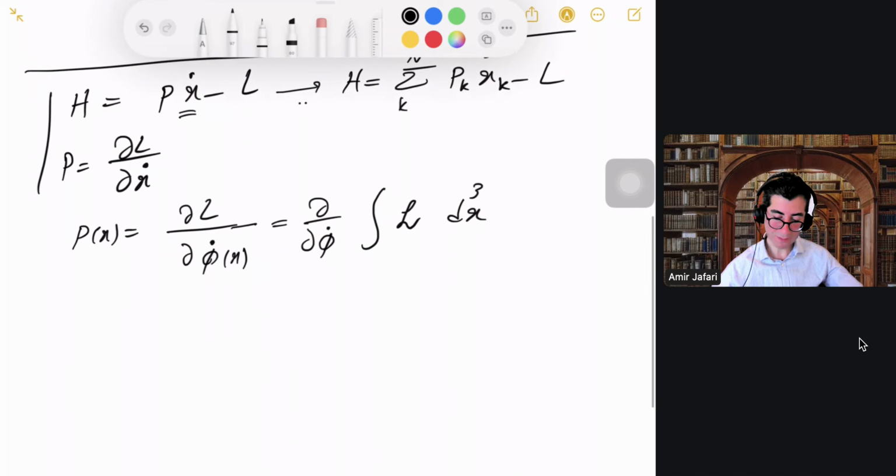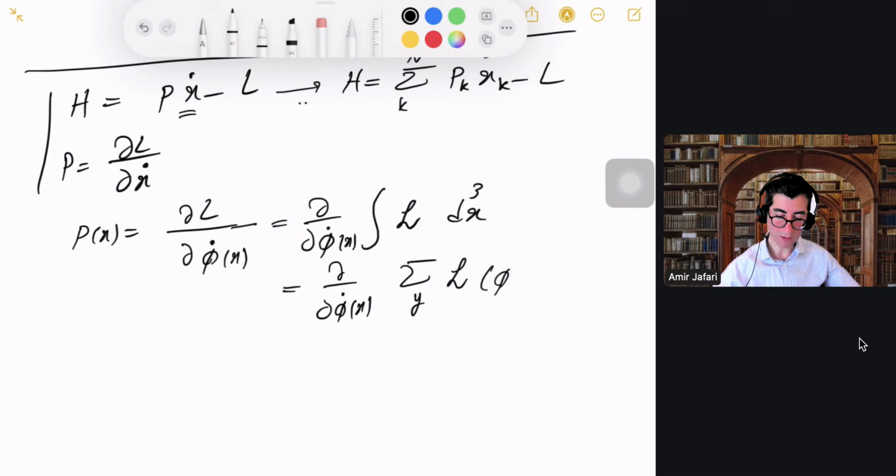A summation over all positions of the Lagrangian density at points y, as a function of phi and also the gradient of phi, the spatial derivatives of phi. So you're basically summing over all these Lagrangian densities at each point y in space. So it's basically an integration.